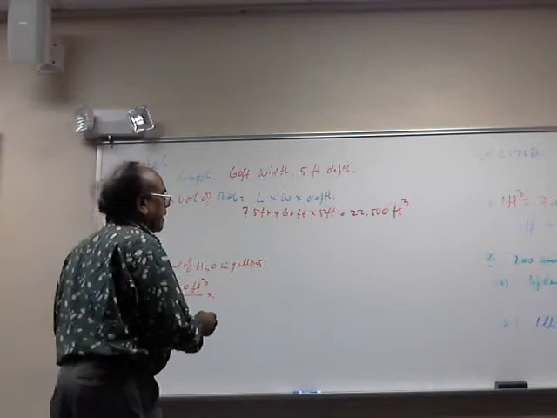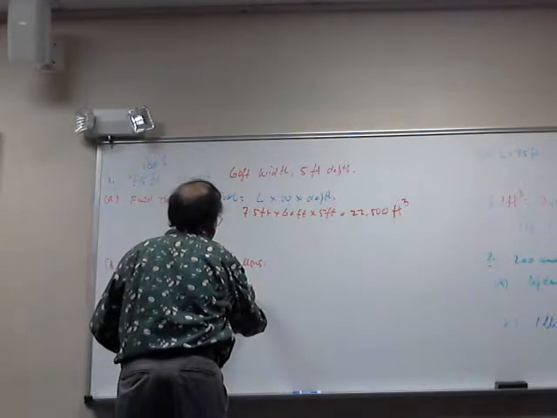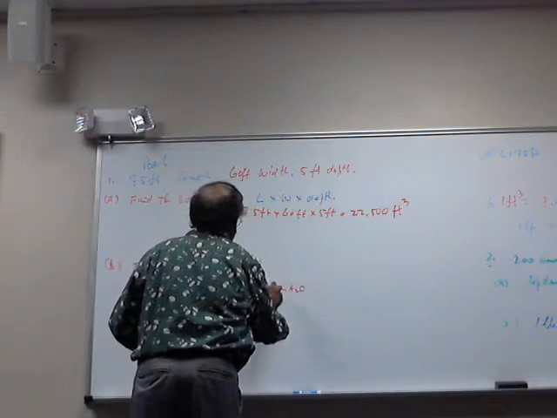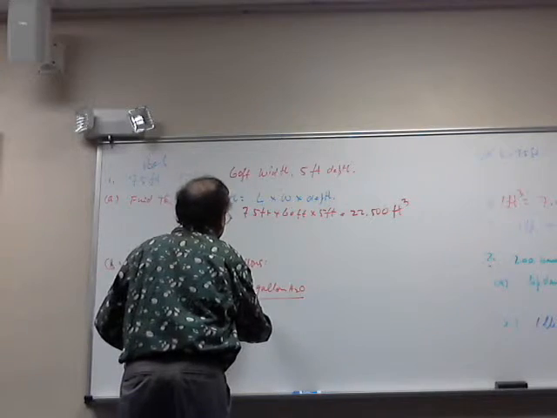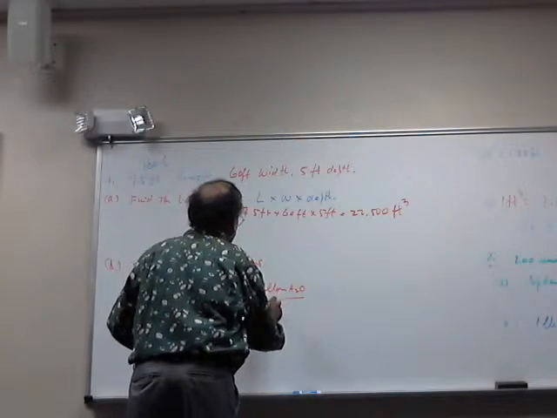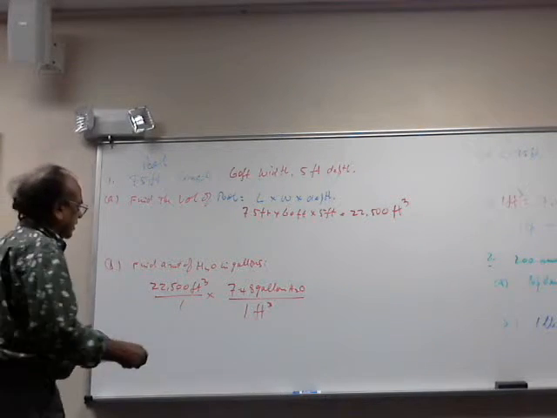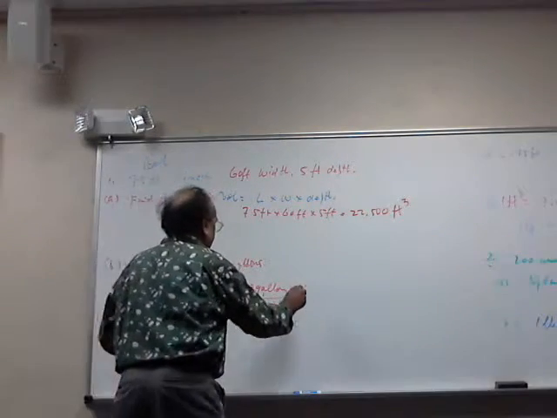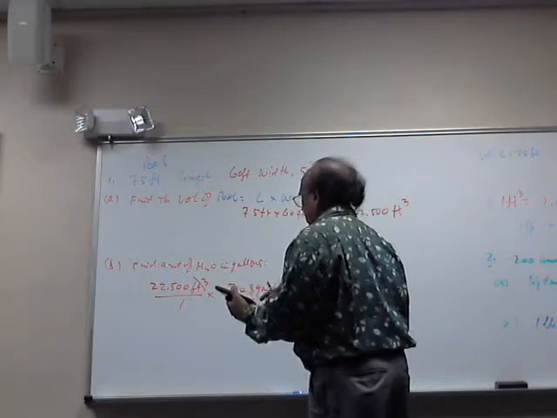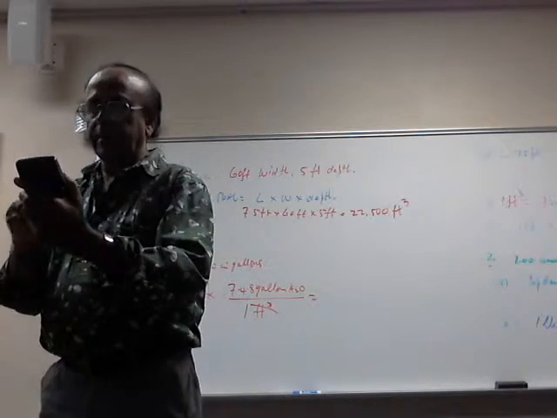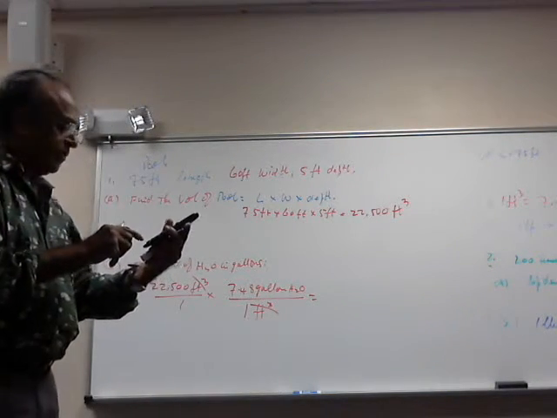So then we will multiply by 7.48 gallons of H2O is equivalent to 1 cubic foot. So we are actually converting units. Then we find that cubic feet cancel off cubic feet, and then we multiply our 22,500 by 7.48.